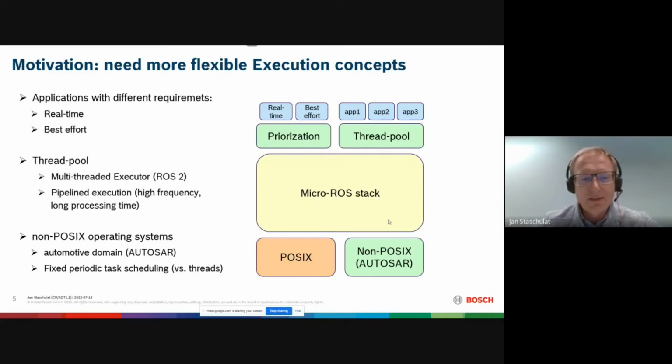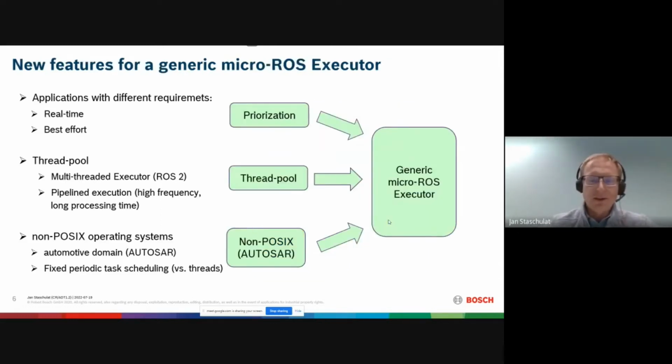That scheduling is not supported by micro-ROS, but the use case of using micro-ROS in automotive is very interesting. So we have been thinking about how we can integrate all these different features like prioritization, a thread pool like in ROS2, and also non-POSIX, so supporting non-POSIX operating systems, into a generic micro-ROS executor.